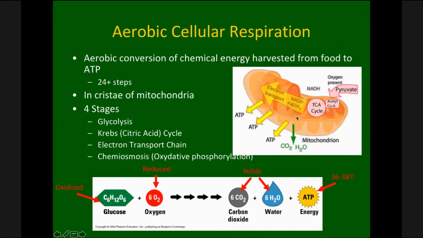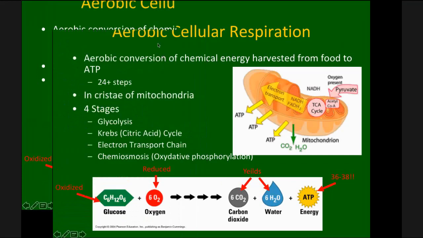Your electron transport chain, those little membrane proteins, are going to be studded all over the folds of the cristae. The more folds you have, the more electron transport chains you can support. The folds allow you to pump hydrogen from this side to this side and make a little gradient, all throughout the cristae.